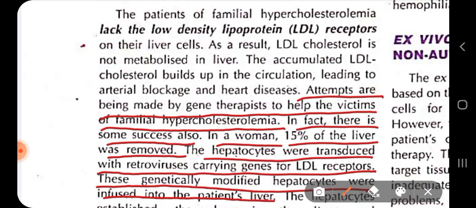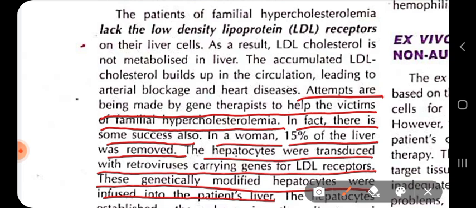So simple thing. Like in previous cases, what they have done: 15% of the liver from the patient suffering from hypercholesterolemia was removed, and then these hepatocytes, which are the liver cells, were transduced, meaning with the help of a retrovirus we introduced the gene responsible for that LDL receptor formation.